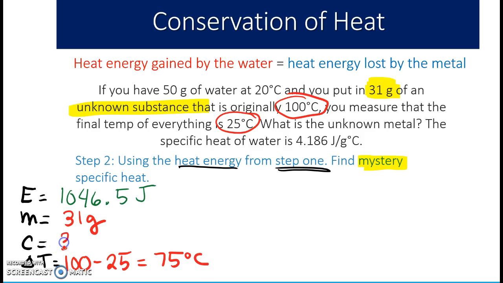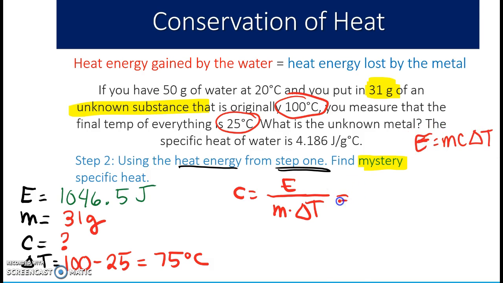So C, specific heat, is my unknown. So I'm going to use the equation C is equal to E divided by M times change in temperature. I've just rearranged the equation E is equal to mc times delta T to solve for C, specific heat.